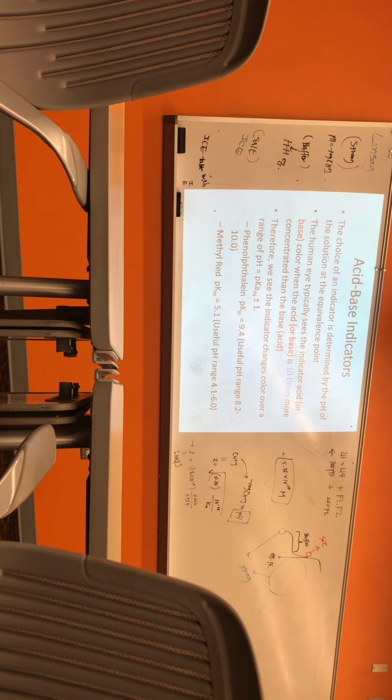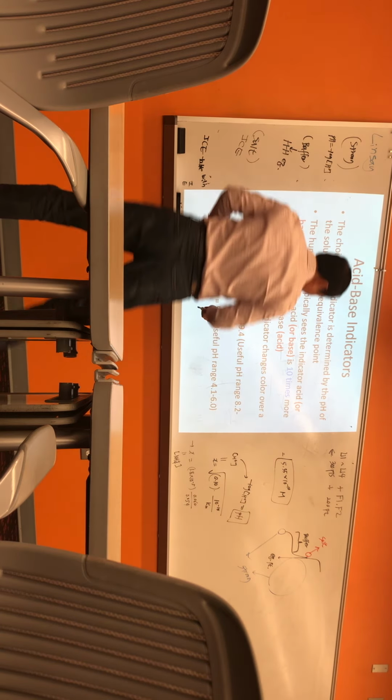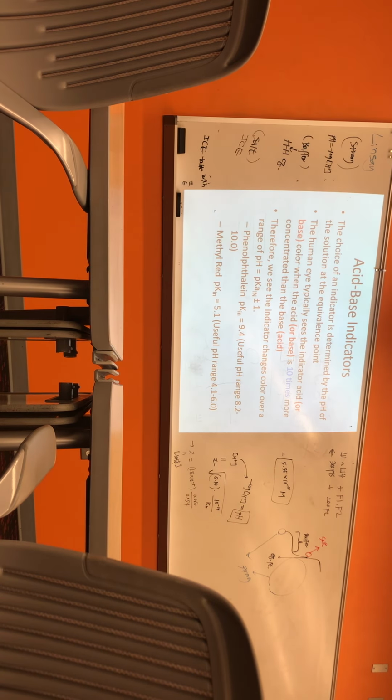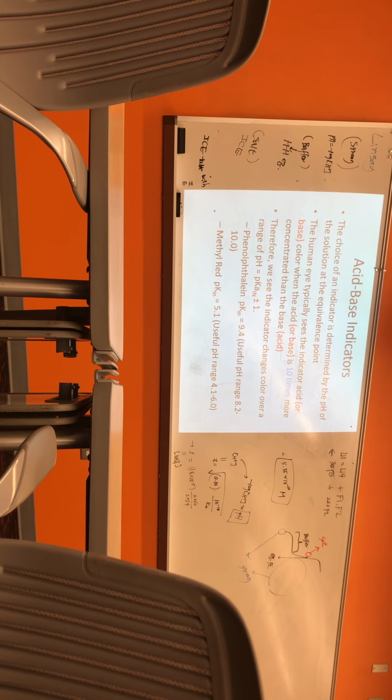This conjugate base normally has color. For phenolphthalein, the weak acid form of the indicator is colorless, and the conjugate base of the indicator is pink. So this neutralization makes the conjugate base of the indicator, and that's the color we can see. The human eye can identify it when the conjugate base is about 10 times the concentration of the weak acid form of the indicator.